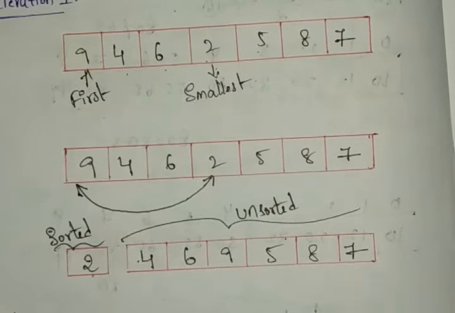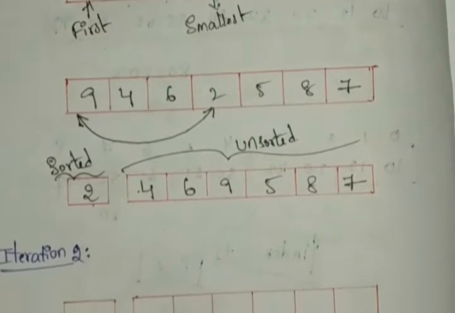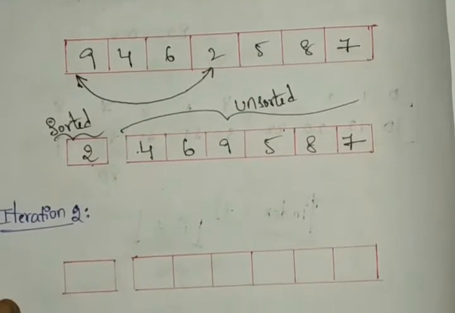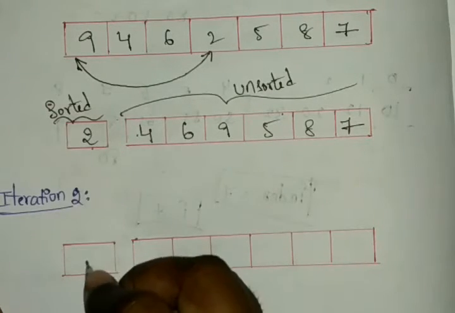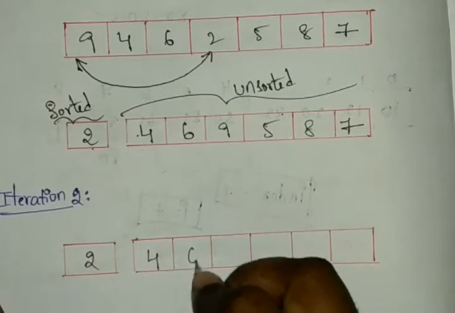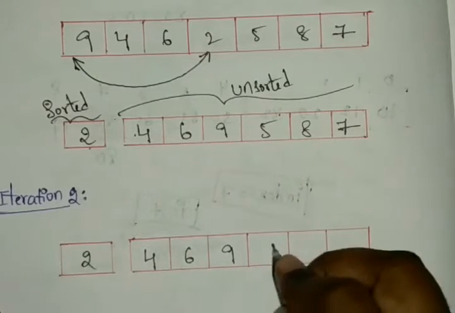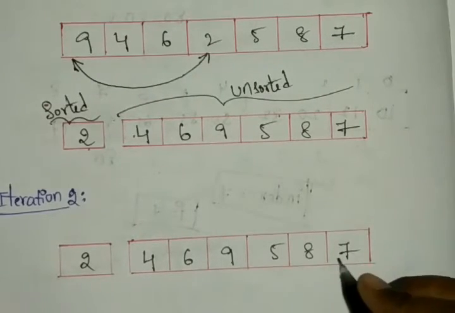That is iteration 2. Again you write whatever elements we have: 2, 4, 6, 9, 5, 8 and 7.